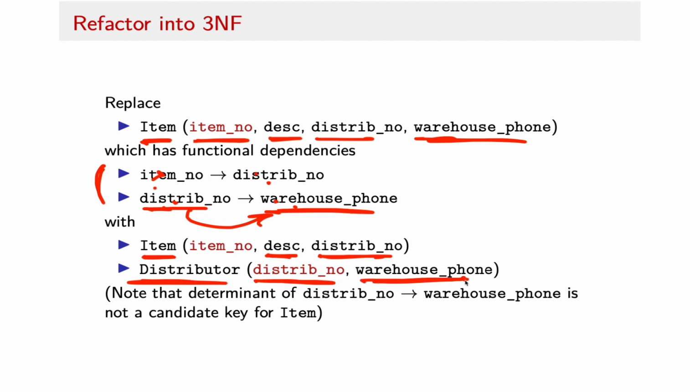So now both of these relations are still in play, except now the second one isn't dependent on a non-prime attribute, because in the new distributor relation, the distributor number can be identified as the primary key. So now we no longer have this candidate key issue.